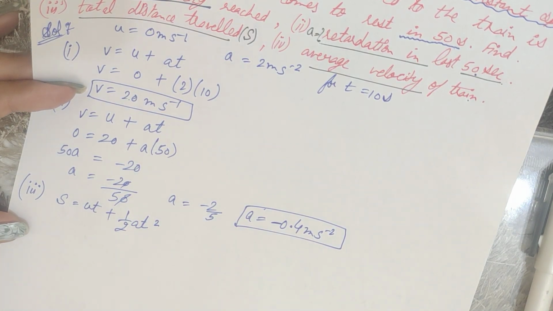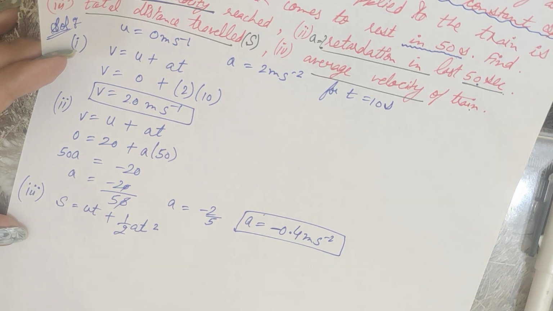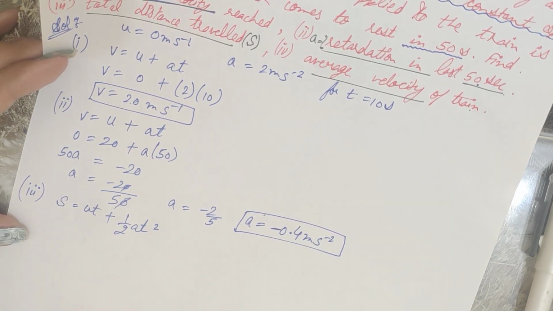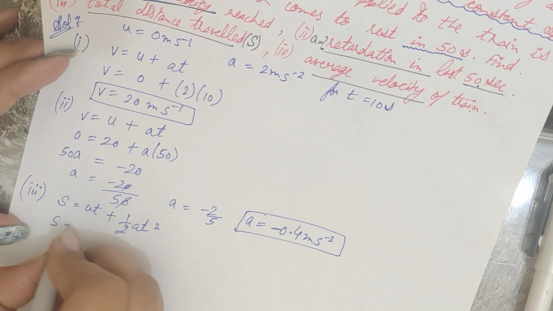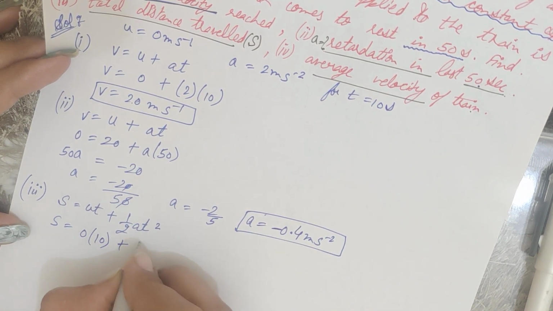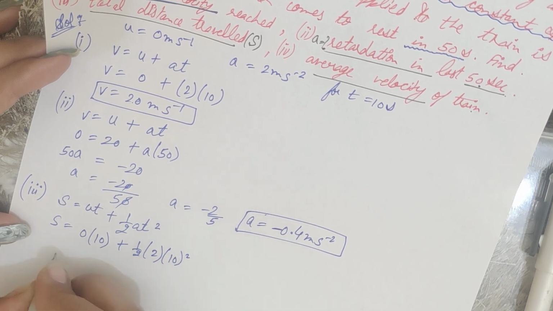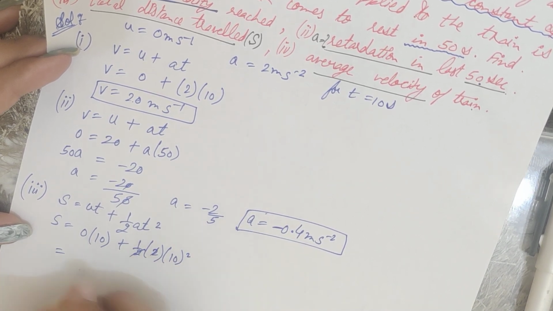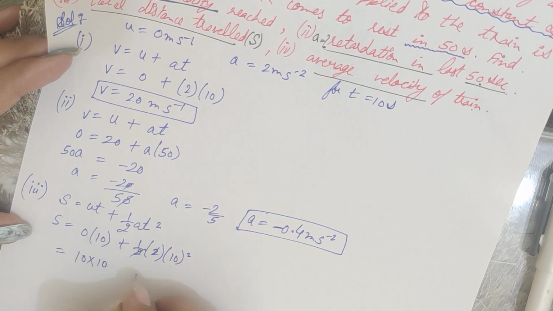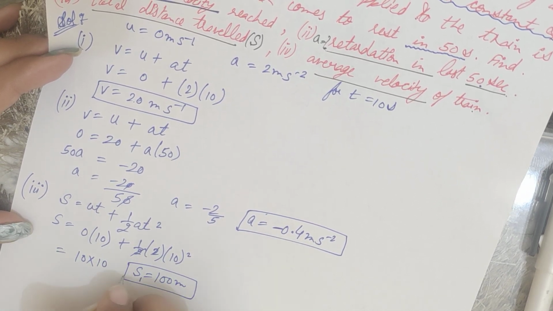First we find the distance during the acceleration, that is the first 10 seconds. S is equal to 0 into 10 plus half into 2 into 10 squared, so S is equal to 100 meter. This is known as S1.